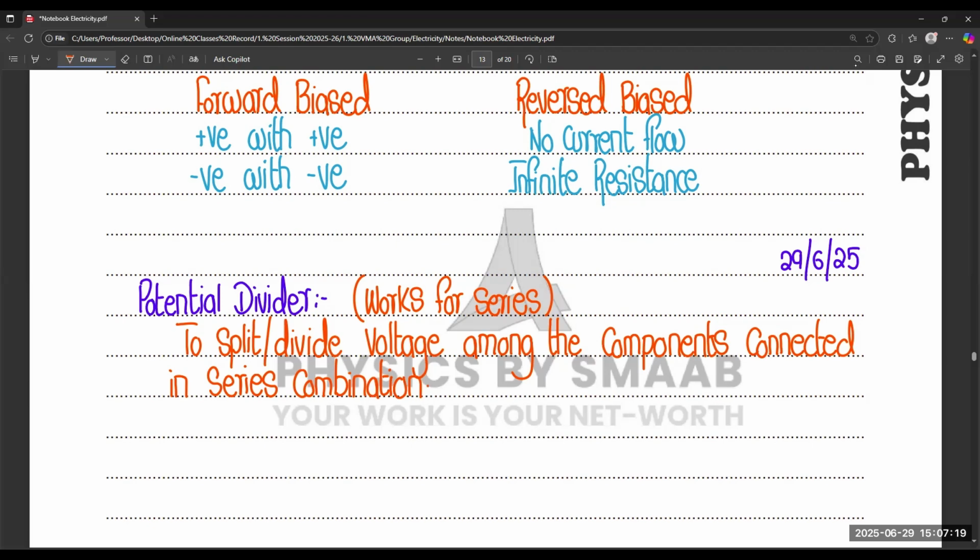So this is the purpose of potential divider, because in past papers sometimes they used to ask to define potential divider, or what is potential divider, like this.